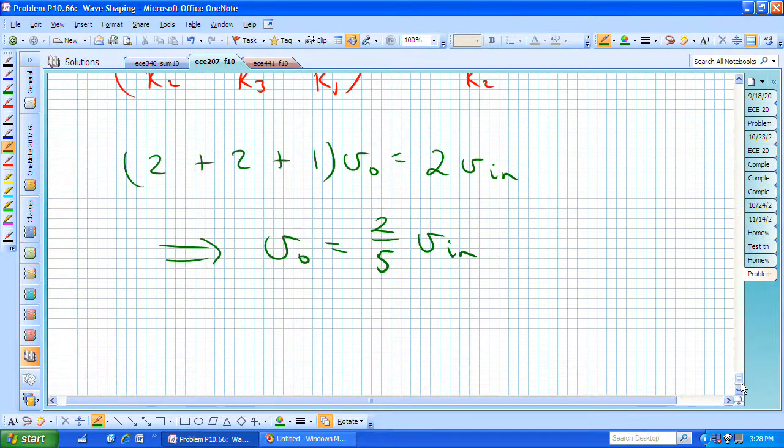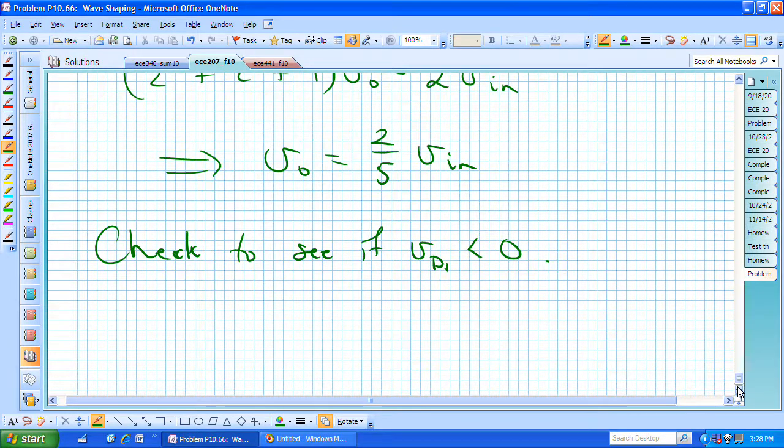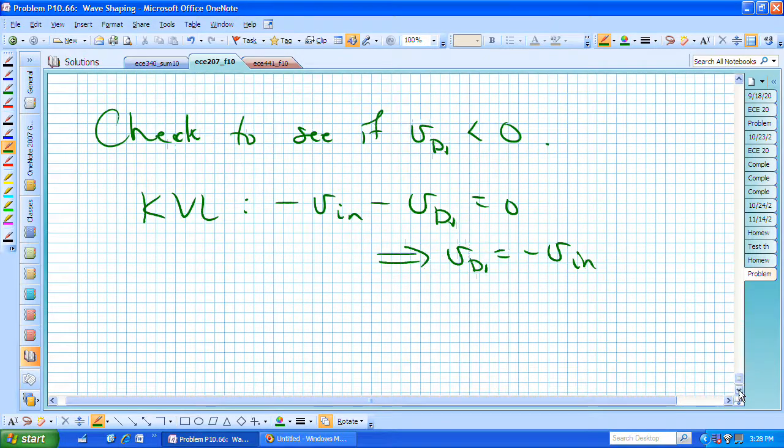And as just a check, we could say, is diode 1 actually off, or is diode 1's voltage negative? If we look at the KVL that we've already looked at, we have minus Vn minus Vd1 equal to 0, or Vd1 is minus Vn, and Vn we're now assuming was positive.